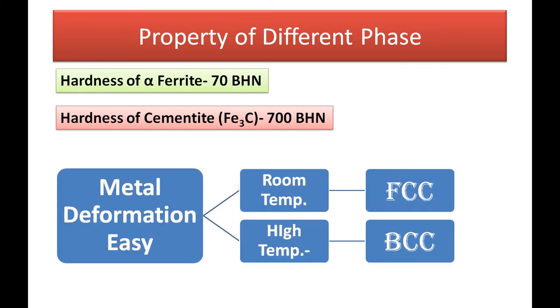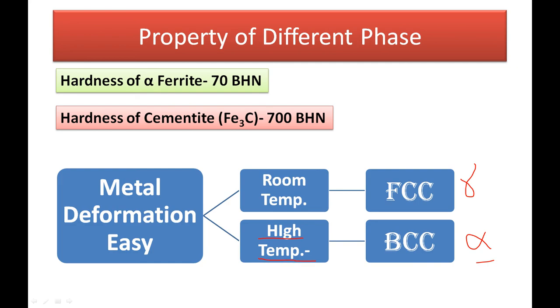Now which type of crystal structure is easy to deform for a metal? It is already given that at room temperature FCC is easy to deform. But we already know from the iron carbon diagram that austenite, or gamma ferrite, is FCC and alpha ferrite is BCC. Now if iron is cooled normally, it is BCC, which is deformable at high temperature, not at room temperature.